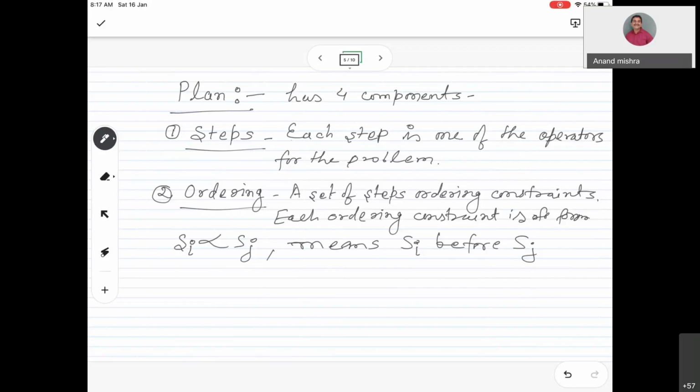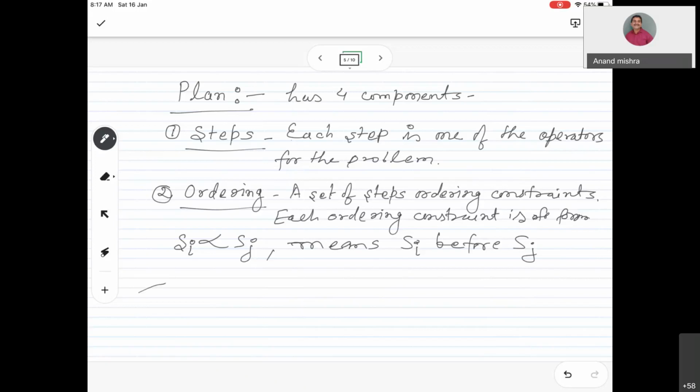Or if you are planning for travel, buying a ticket has to occur before traveling or flying. So this is a set of step ordering constraints.